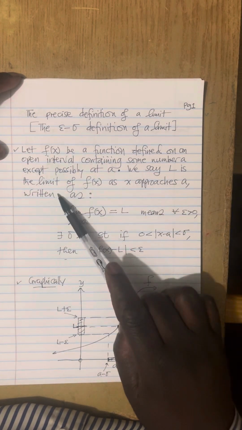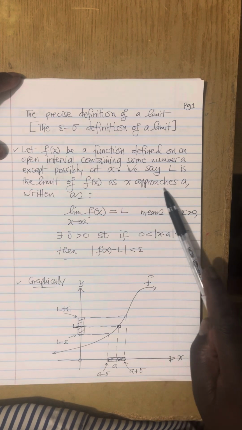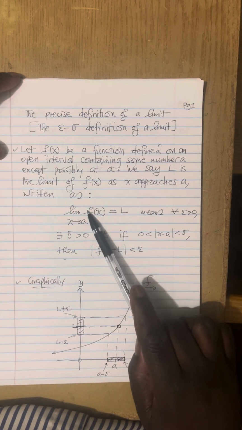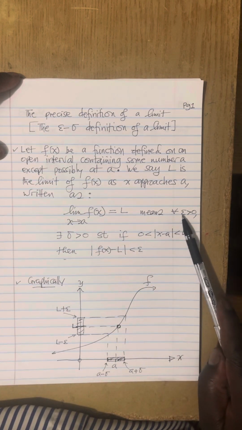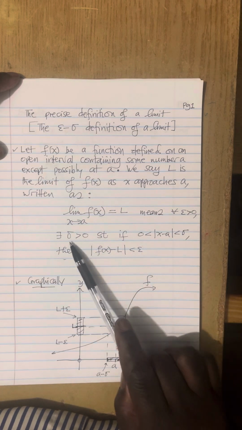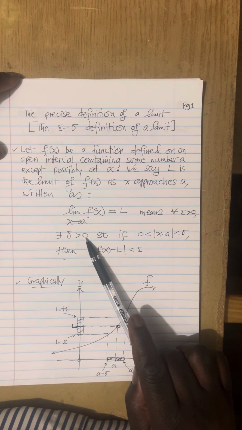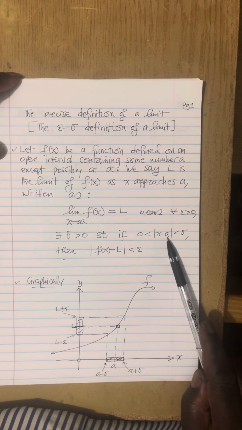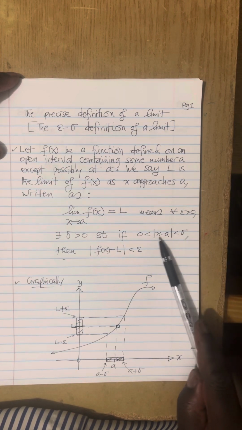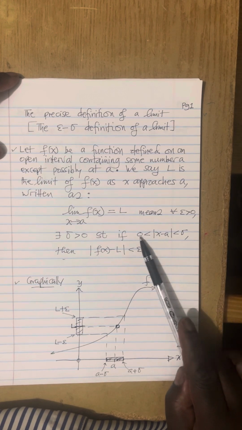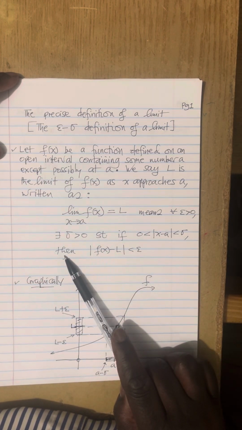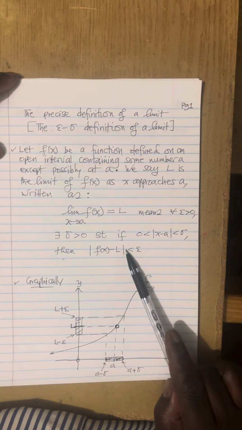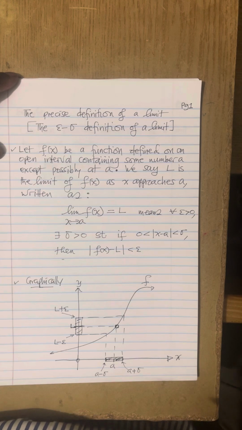We say L is the limit of f of x as x approaches a, written as the limit as x approaches a of f of x equals L, means for every epsilon greater than 0, there exists a delta greater than 0 such that if the absolute value of x minus a is less than delta, and obviously this being distance greater than 0, then the absolute value of f of x minus L should be less than epsilon.